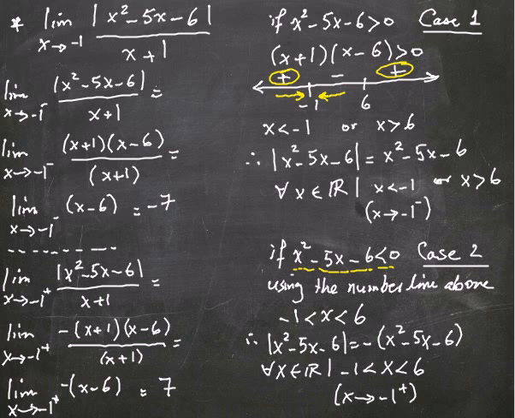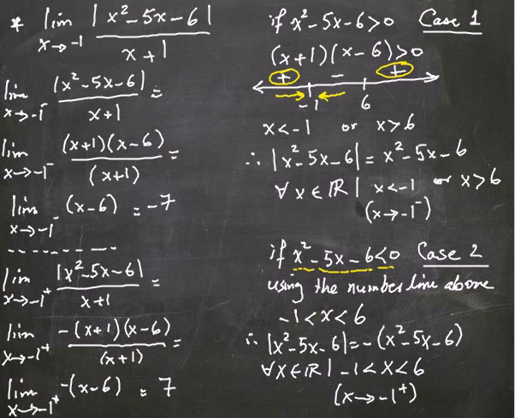So if x goes to negative 1 plus, that expression is negative. If x approaches negative 1 minus, that expression is positive. That's important because we cannot keep the absolute value; we have to remove it, and we have to know when to multiply by a negative and when not to. So when x approaches negative 1 minus, the function is positive.